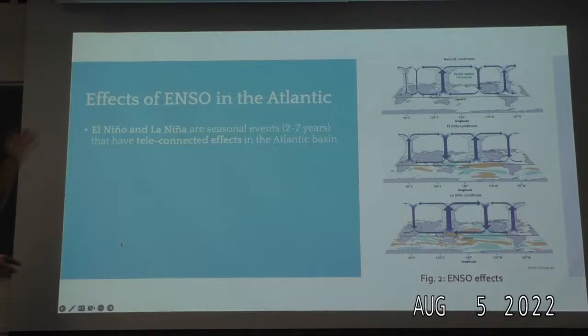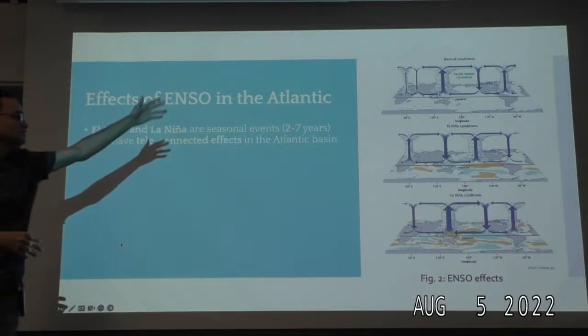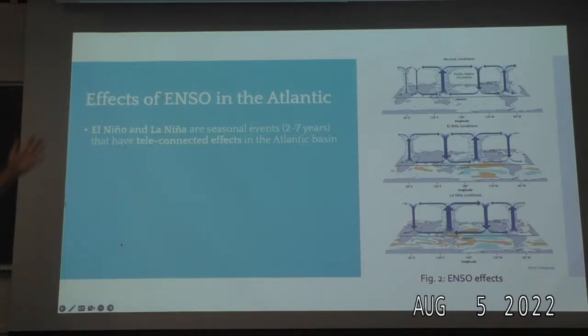For the effects of ENSO in the Atlantic, El Niño and La Niña are seasonal events occurring every 2 to 7 years that have teleconnected effects in the Atlantic basin. As we can see in this figure, El Niño or La Niña events alter the normal Walker circulation.